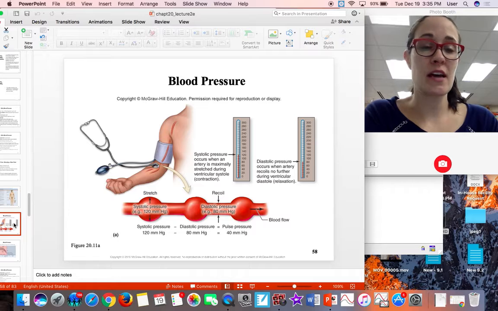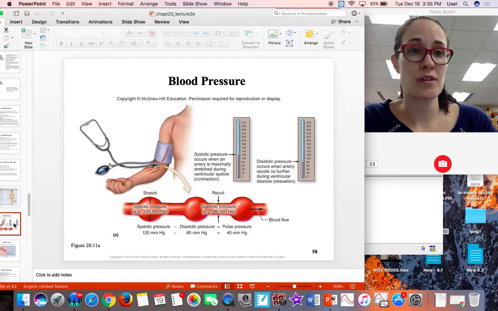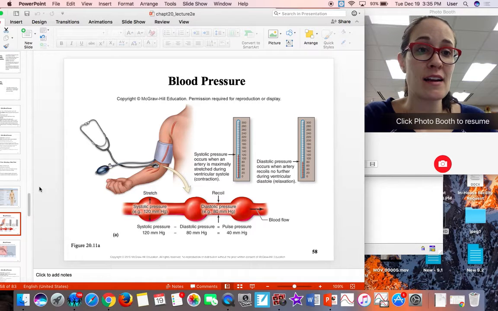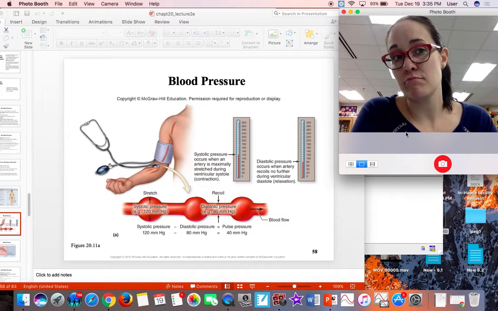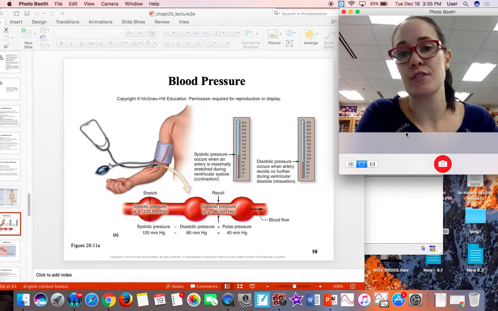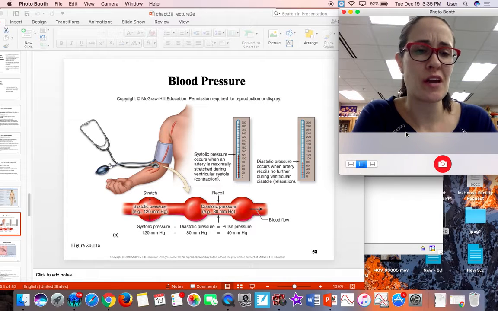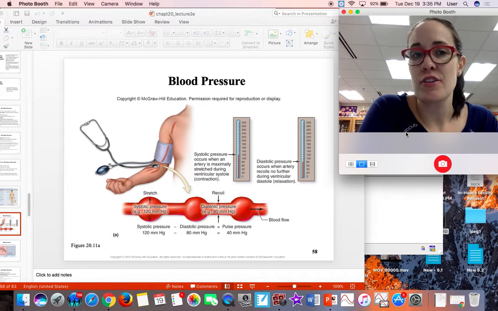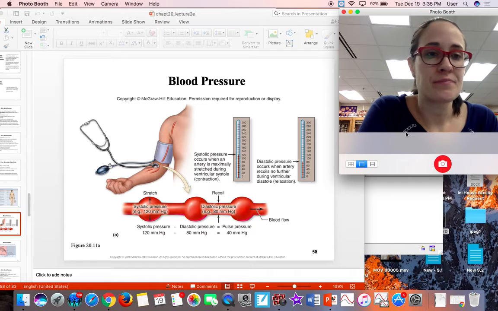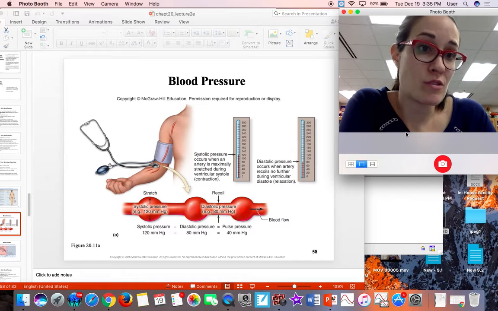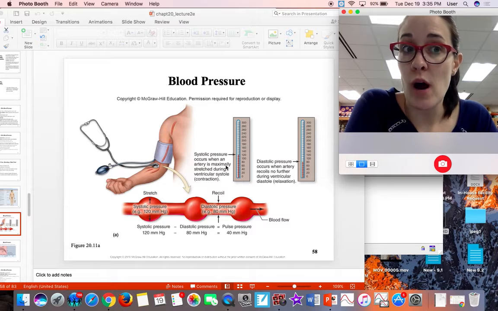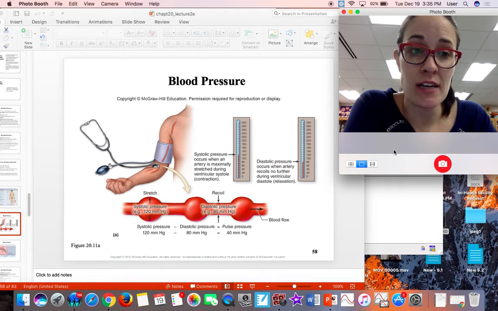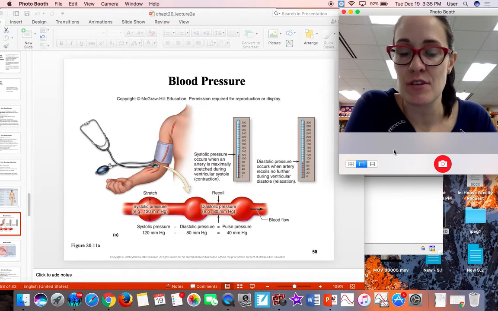Blood pressure is another important diagnostic tool, used to diagnose somebody with high blood pressure, which is called hypertension, or other problems. All health professionals need to know why it's done and what kind of information it gives you.